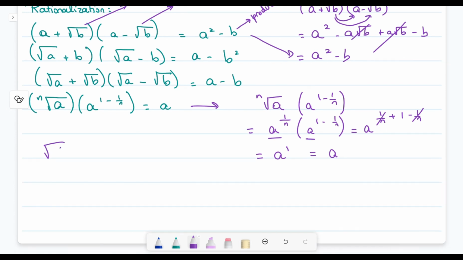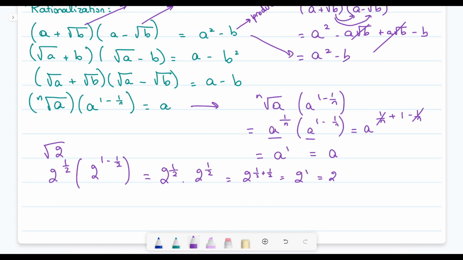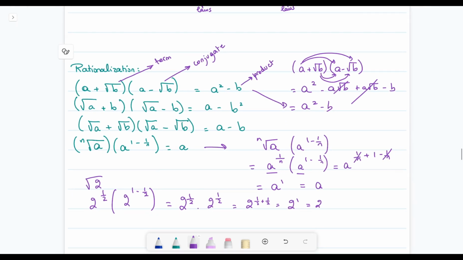So an example might be if we have square root of 2. Square root of 2 is 2 to the half. If I multiply that by 2 to the 1 minus half, this is as if I'm saying 2 to the power of half times 2 to the power of half. We add up the exponents. It gives us 2 to the power of 1, which is 2, and you can see there is no square roots in that.